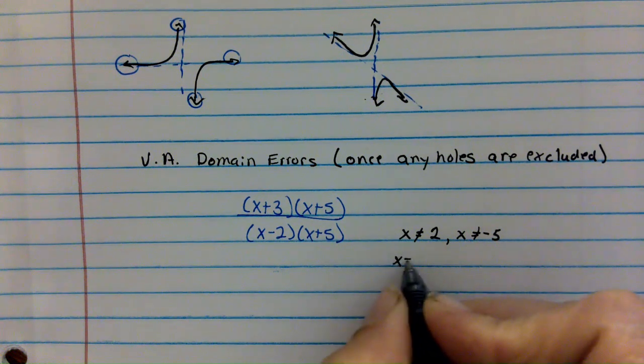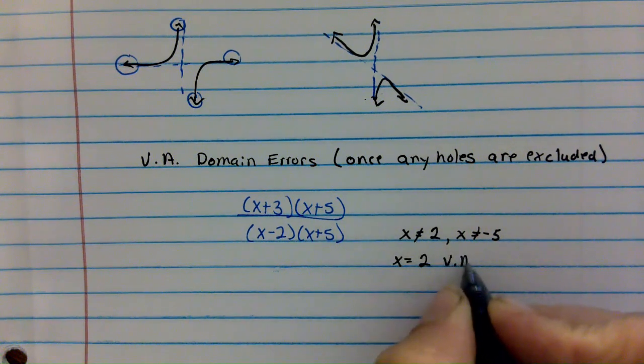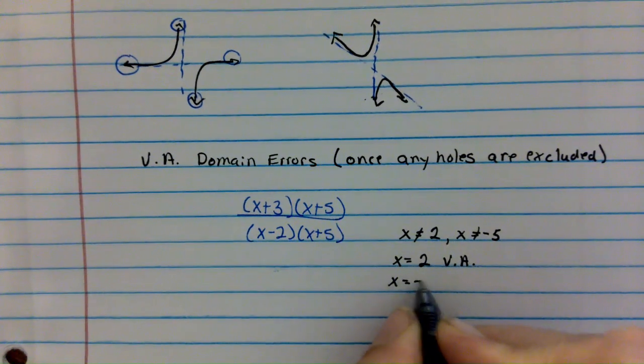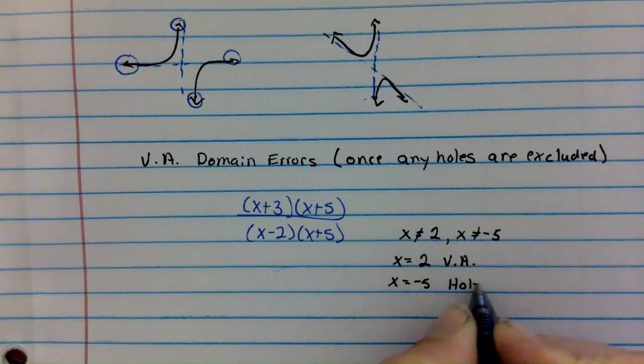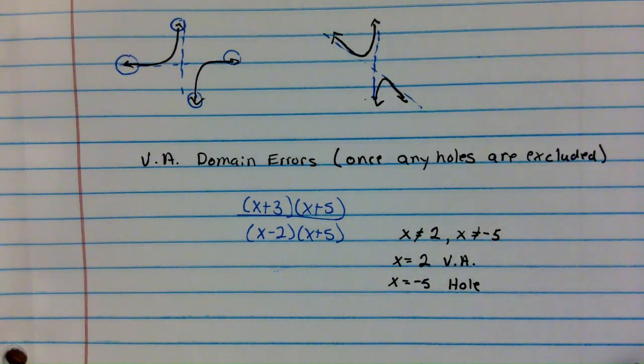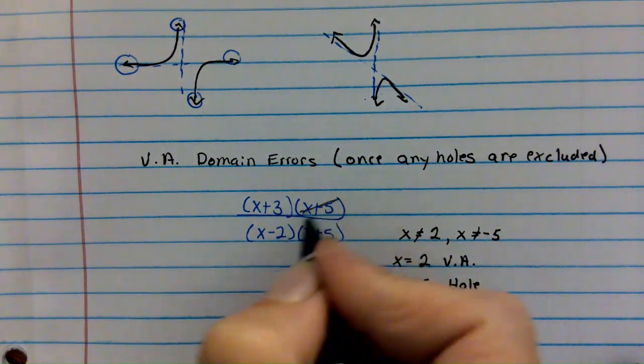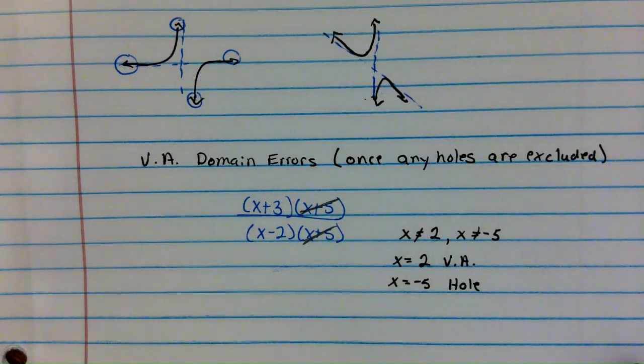So x equals 2 is going to be a vertical asymptote, while x equals negative 5 is going to be a hole. And the reason for that is it's a removable discontinuity. I removed it. I canceled it out. So negative 5 didn't work in the original, but now that I've reduced this, it works. That's why it's a hole.